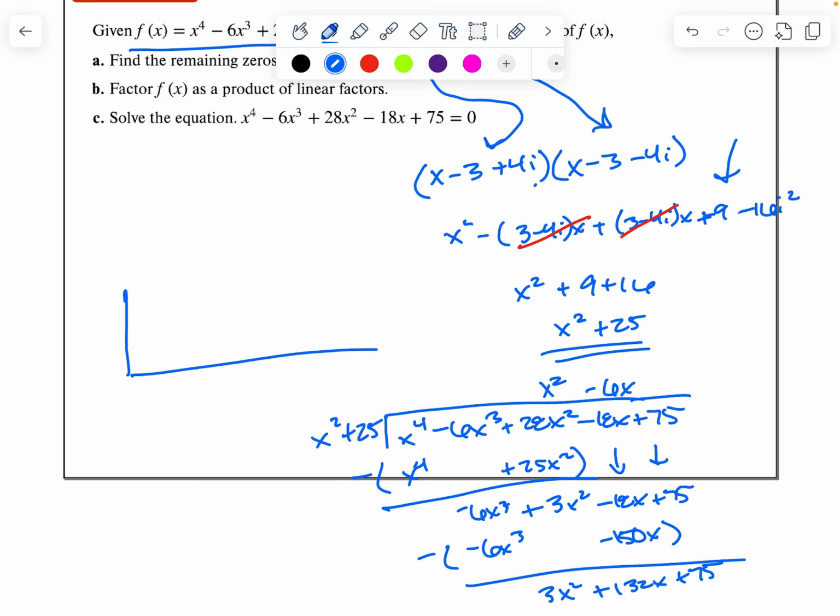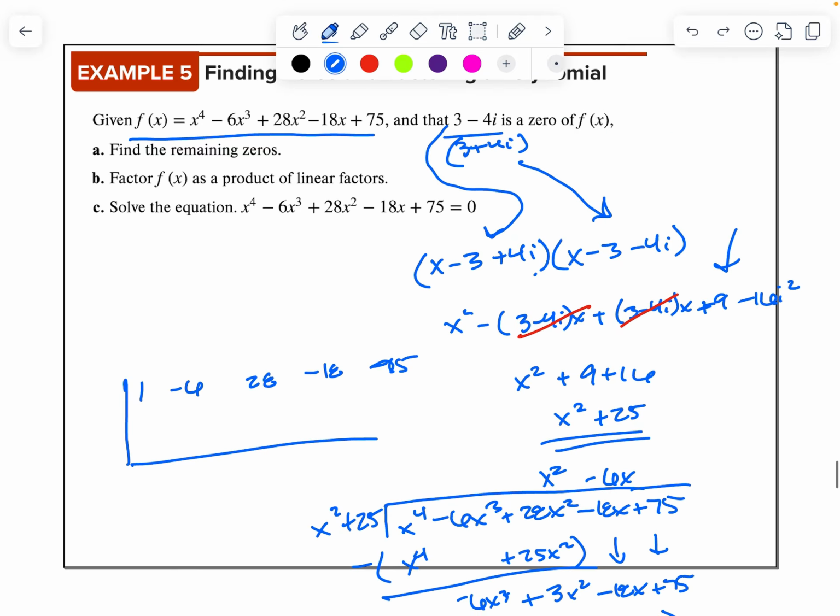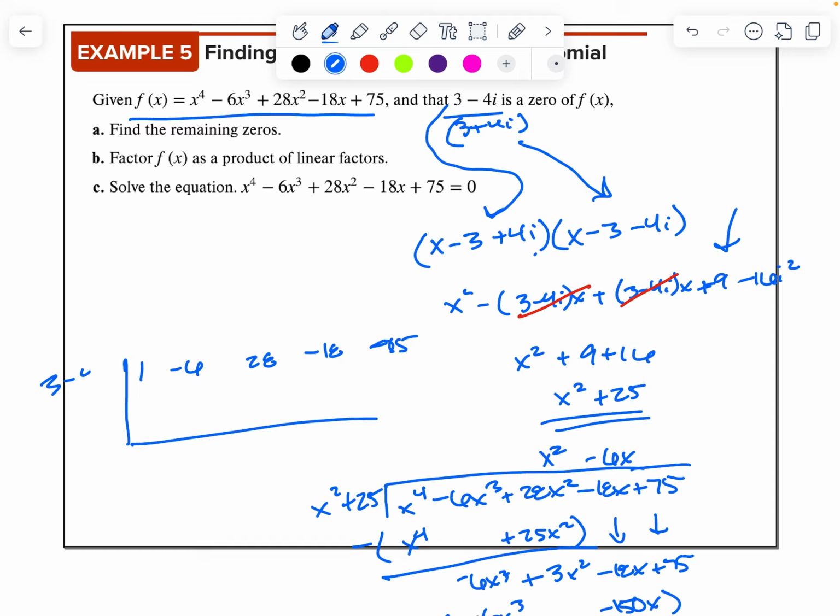With synthetic division, I would have still the same coefficients. 1, negative 6, 28, negative 18, 75. If you could find my mistake in this other math, please let me know, and I'll give you the bonus points for that. All right, so I first want to get x minus 3 plus 4i. So this 3 minus 4i should be a solution. Bring down the 1. Multiply 3 minus 4i.